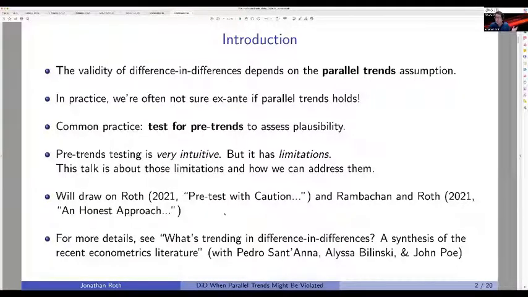So we start with the two-period model that Bacon nicely went through, and then talk about how different strands of this literature have been relaxing different components of this model. I hope to give you a flavor of some of this work in the 30 minutes that I have today. But if you're interested in more on recent developments in diff-in-diff, or how these pieces fit together, we tried to collate the recent findings together in that review paper.